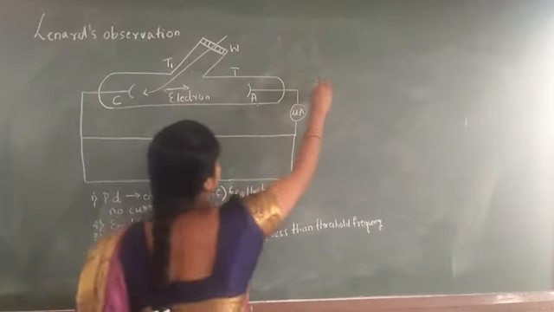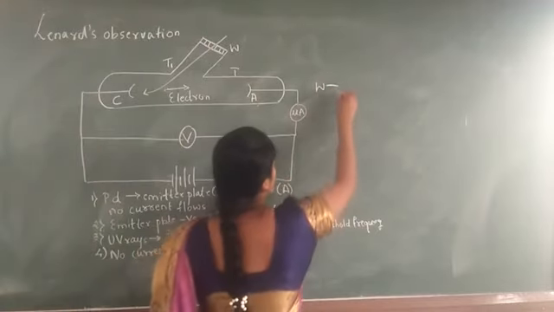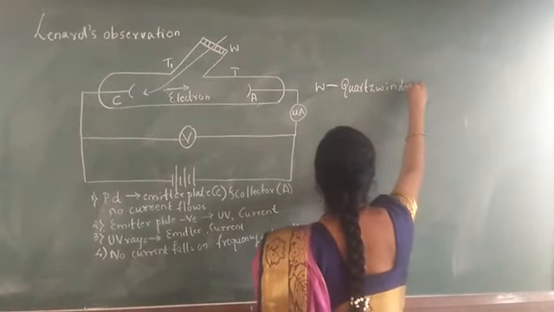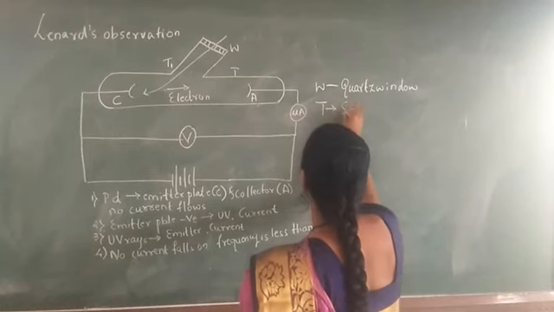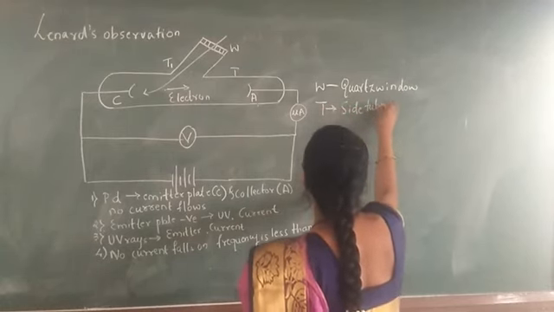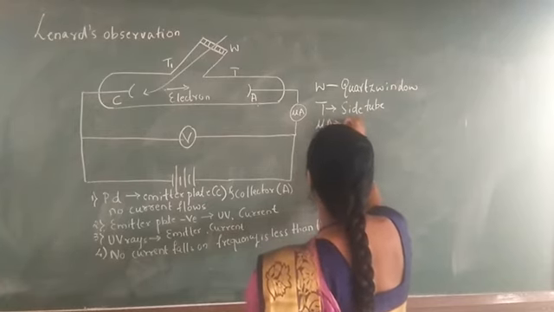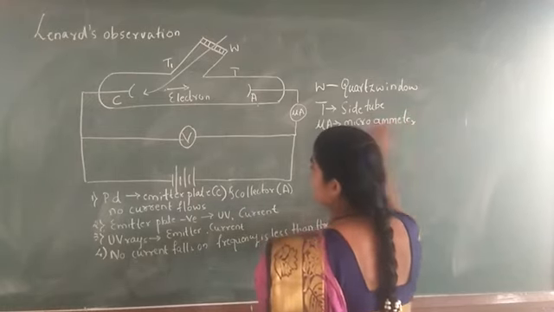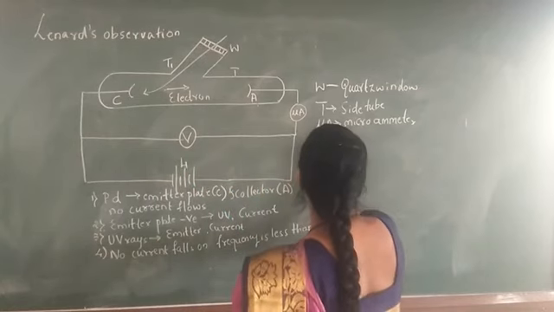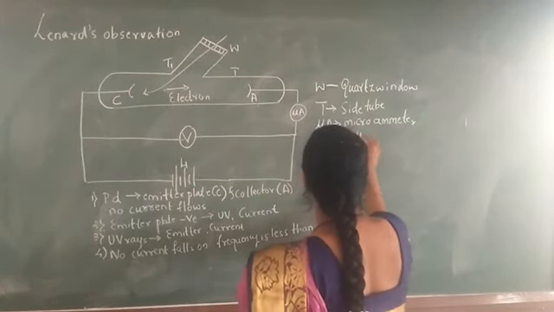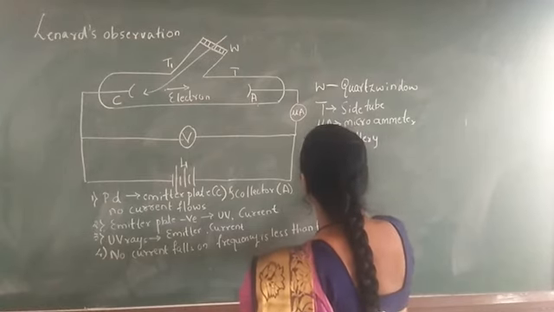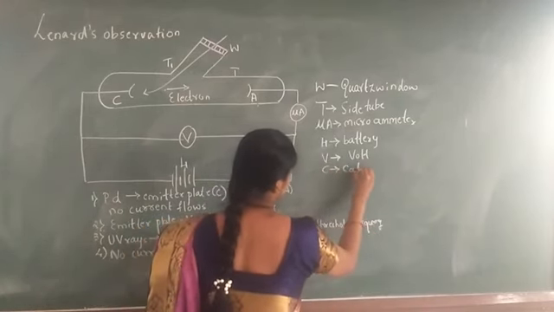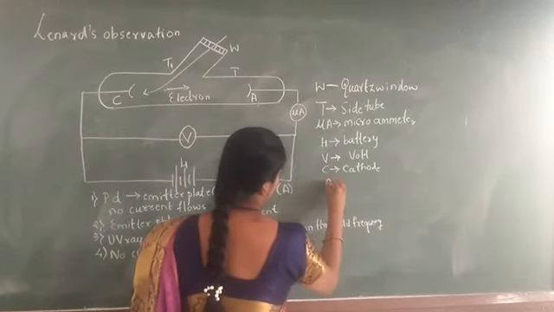Let us consider W is the quartz window, P is the side tube, microA is the microammeter, H is the battery, V is the voltage, C is the cathode, and A is the emitter.